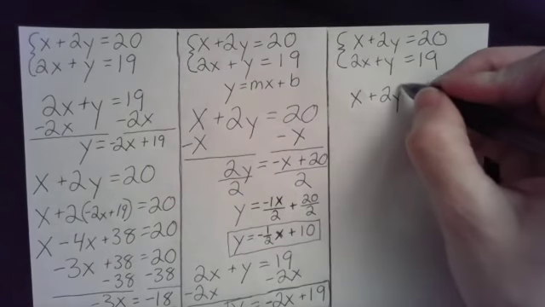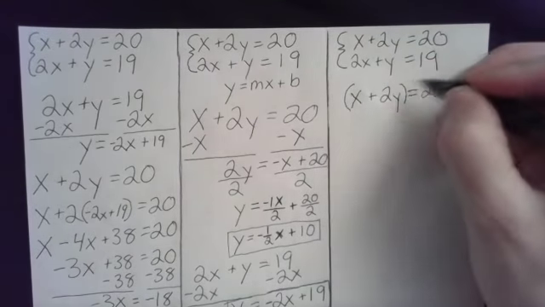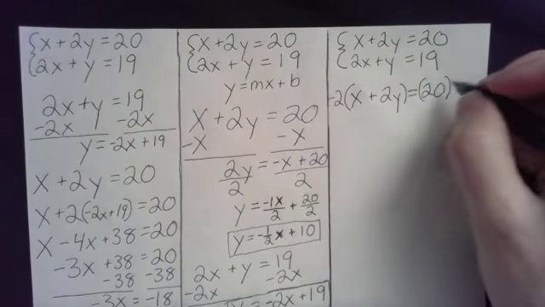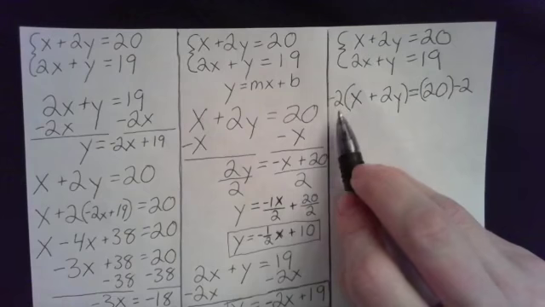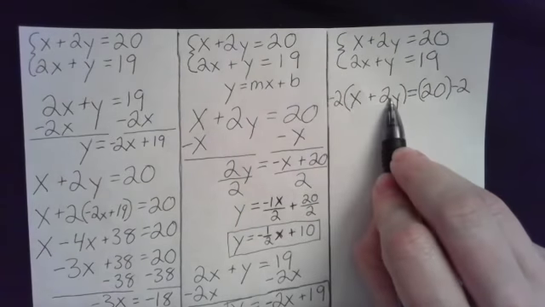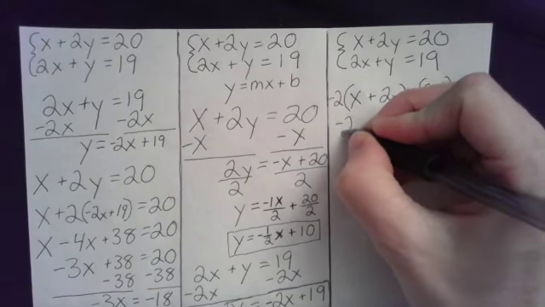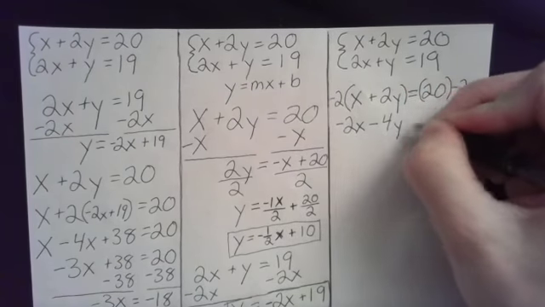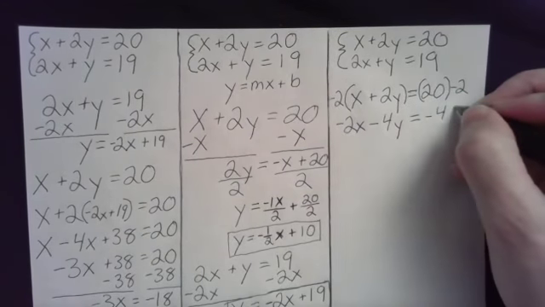and then I'm going to multiply both sides of the equation by -2. Here, I'll need to distribute the -2 to both terms, but I'll get the -2x that I need minus 4y equals -40.